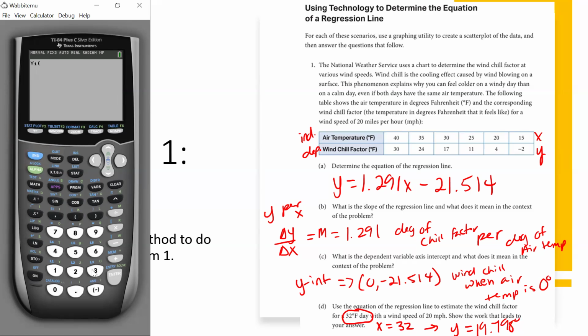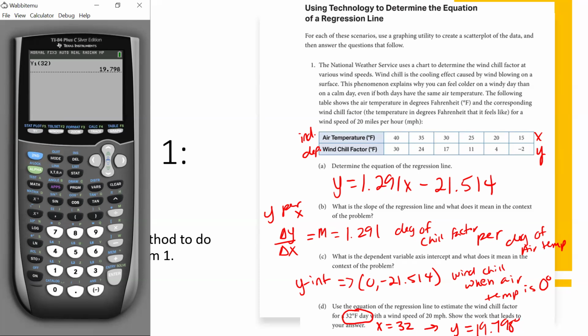And from Y1, I want you to tell me what is 32. And guess what it's going to tell you? What 32 is. So you have all these different ways that someone has programmed into this little calculator's brain for you to find your solution. Okay? And you can pick whichever method you're most comfortable with.